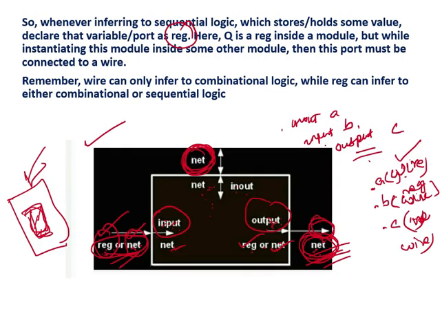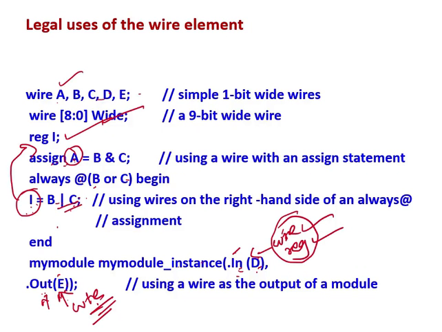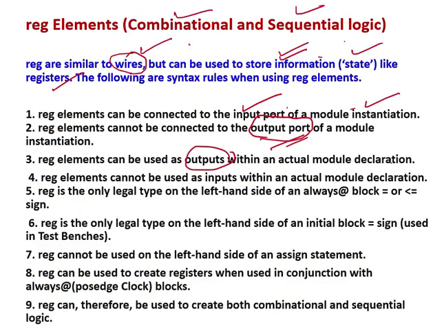But if you are instantiating this module, then it is always connected to a wire. Fourth one, reg elements cannot be used as inputs within an actual module. Your input cannot be reg, because inputs are always wire type by default.